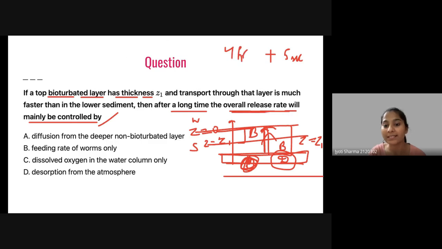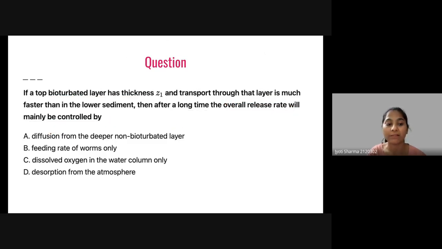The release rate will depend on the 4 hours, not just on the 5 seconds. So the slowest layer is driving the overall release rate, which means it is controlled by diffusion from the deeper non-bioturbated layer. So A will be your right answer.